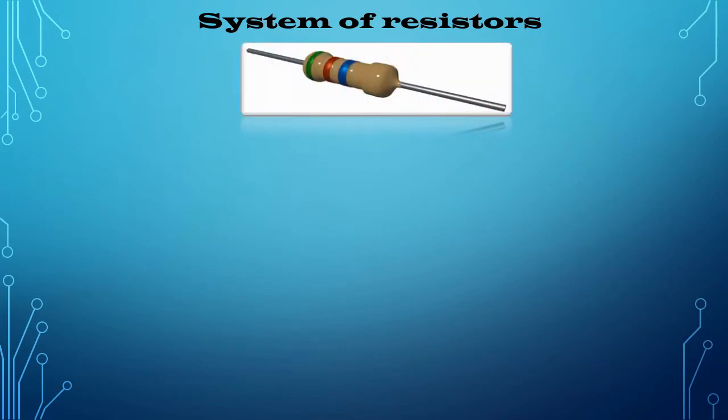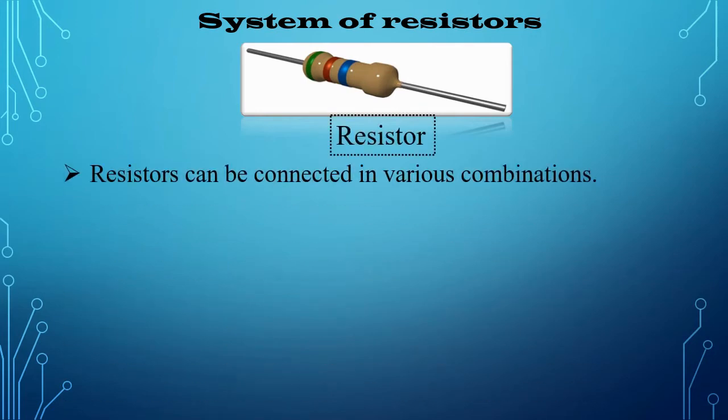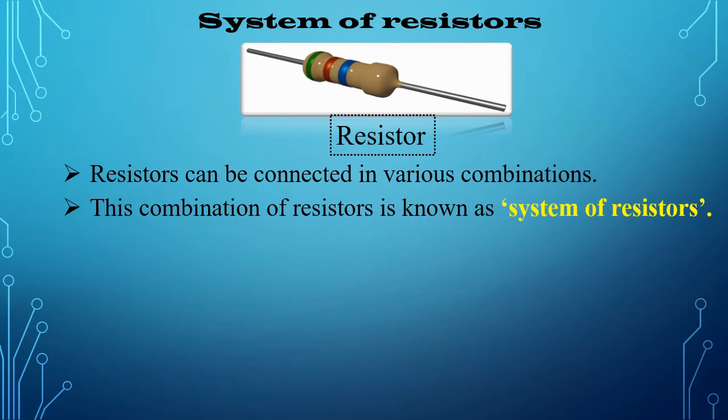A resistor is a two-ended component having a given amount of resistance between its two ends. In several electrical devices, a number of resistors are connected together in different ways.